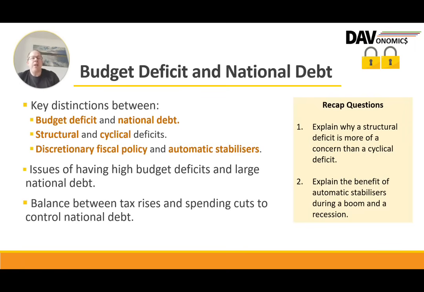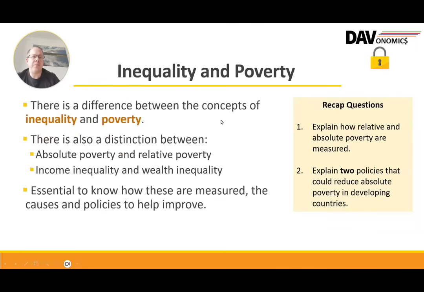Obviously this is very topical in terms of huge budget deficits and national debt, why that could be an issue, and what would you do about it? Should you put taxes up or cut spending? So quite a few things given how topical national debt is there.